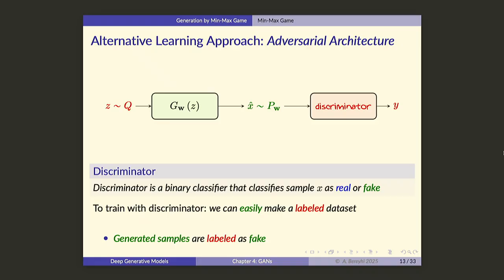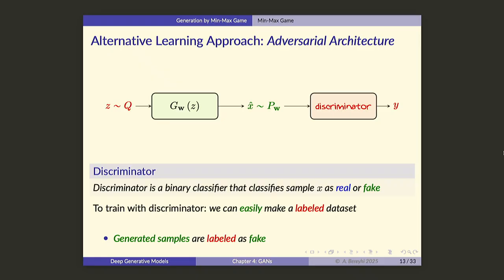Now, if it wants to learn how to classify, it needs samples, right? What are the samples for the fake data? They come from the generator. So I just sample lots of noise, and each time I pass it through this generator, I get some fake data. And do I have any data with the label real?